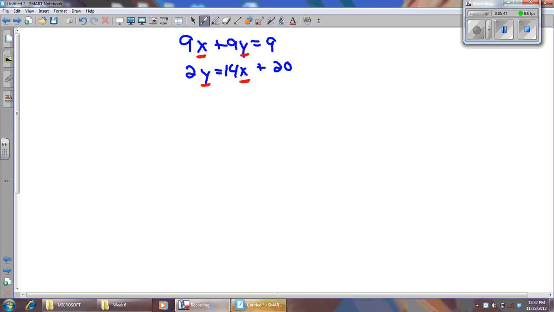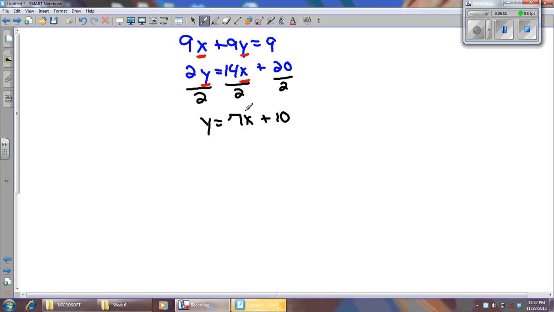Pick the one with the least amount of work, that will come out the prettiest. It looks like on the second equation, I could just go ahead and divide by 2 in all three places. So y is going to equal 7x plus 10.